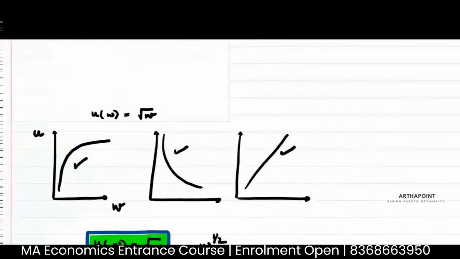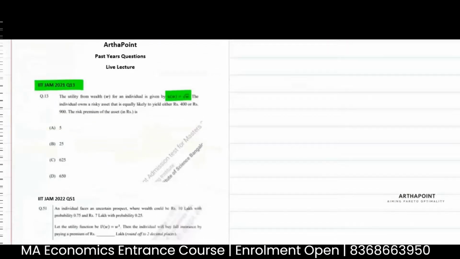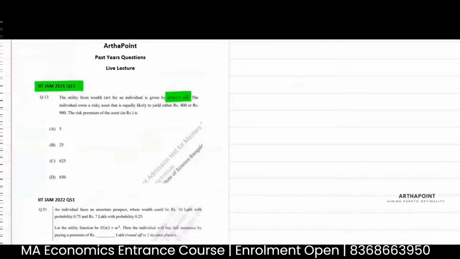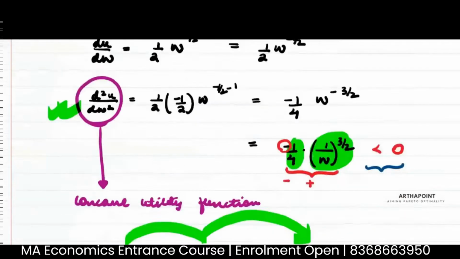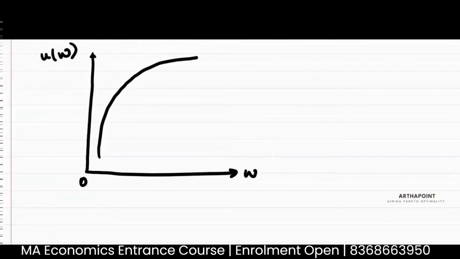Now we will look at the question. The individual owns a risky asset that can either give 400 or 900. So either my wealth will be 400 or my wealth will be 900. Each has half-half probability. Let's take the first case. If your wealth is 400, what is your utility from 400?